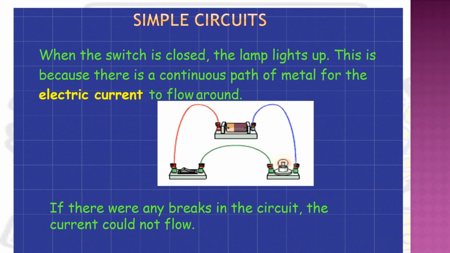Now students, when the switch is closed, the lamp lights up. This is because there is a continuous path of metal for the electric current to flow around. And if there were any breaks in the circuit, the current could not flow.